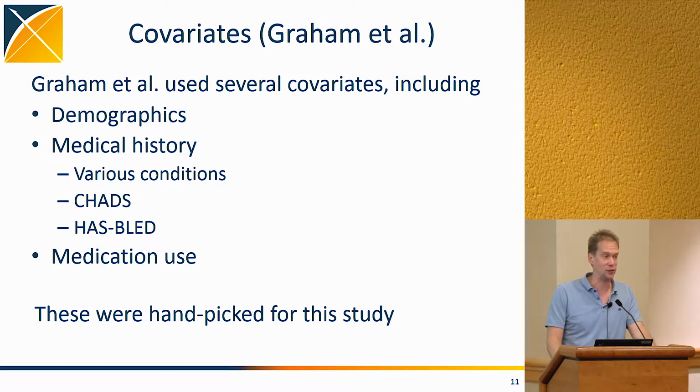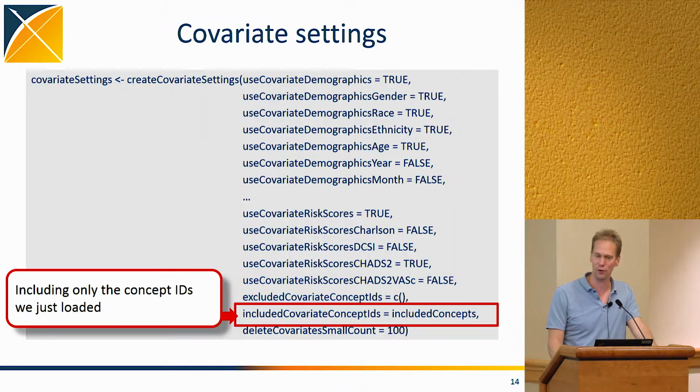That does mean that you can't just call saveRDS or the save command in R that you normally would use to store an object. You need to use the function saveCohortMethodData to store it on the disk if you want to save it for later, which you probably want, because remember what we're doing here is loading the data about your T, your C, and your O. That's probably not so big.